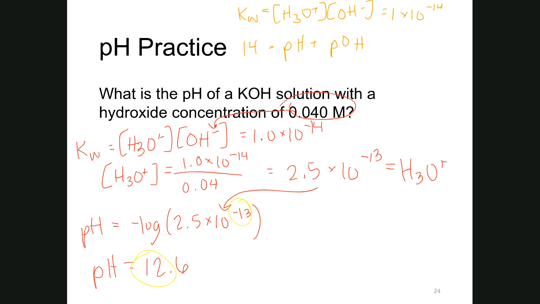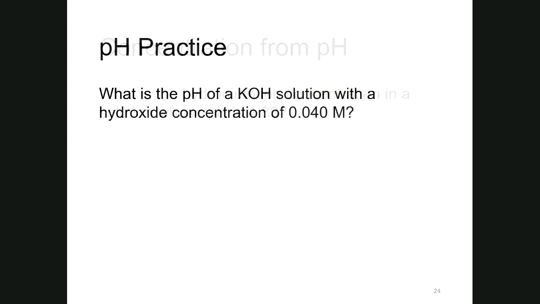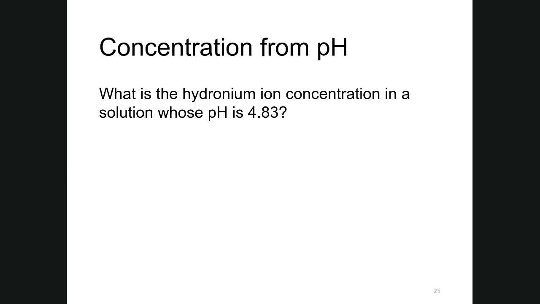So now let's look at how we can find our concentration if we're given a pH. Here we're told what the pH is, but we're looking for the concentration of the hydronium ion. So this means we have to do the inverse of a log. On your calculator, where you have your log button, you should see right above it, usually, something that says 10 to the x.